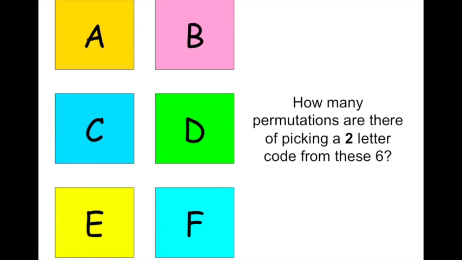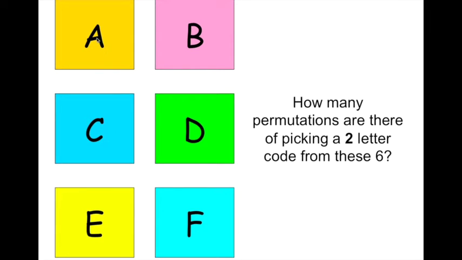Well, obviously, we could have the A being combined with the B, the C, the D, the E, or the F. So the A has got 1, 2, 3, 4, 5 things that it could be combined with. And the B also has 5 things it could be combined with. It could be BA, because that's a different order, so I need to count it separately. BC, BD, BE, BF, and so on and so forth.